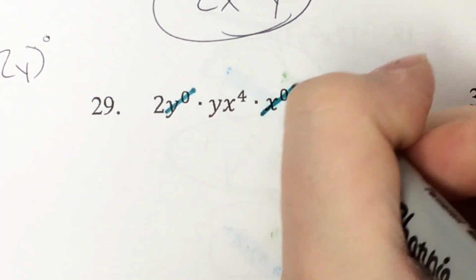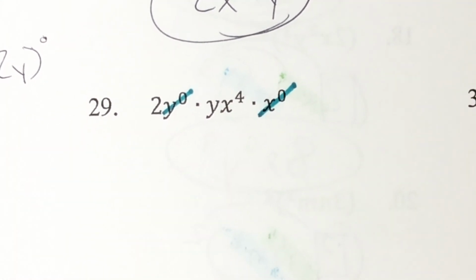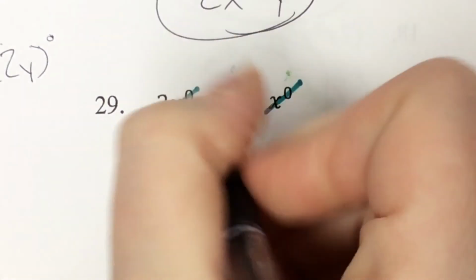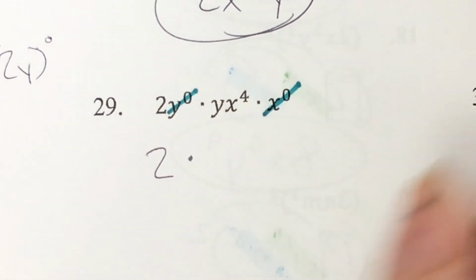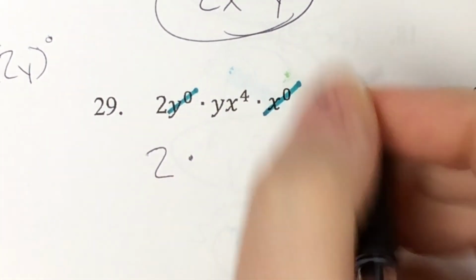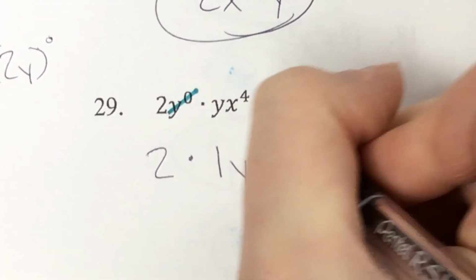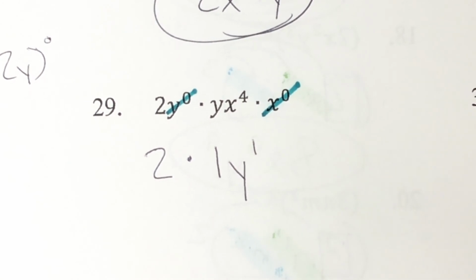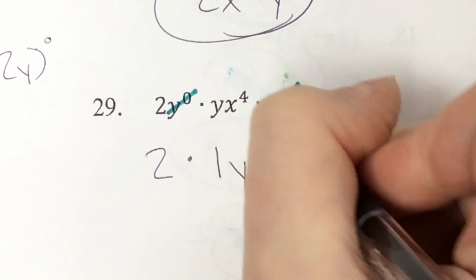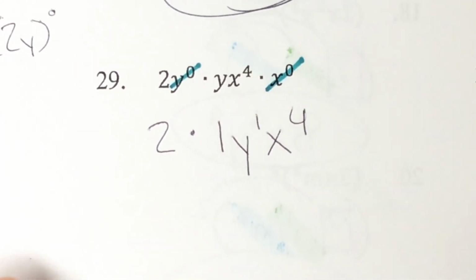Same thing with this x to the 0. That one's gone as well. So all we have left here is 2 times y. y has no coefficient, so let's write in 1y, and it also has no exponent, so remember, if it's not there, it's 1. And then x to the 4th. We just need to do our multiplication.